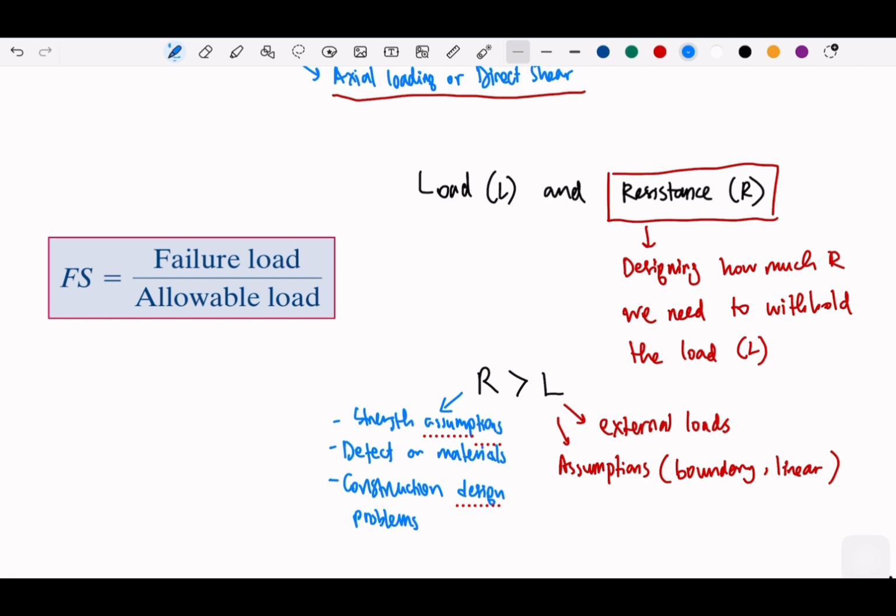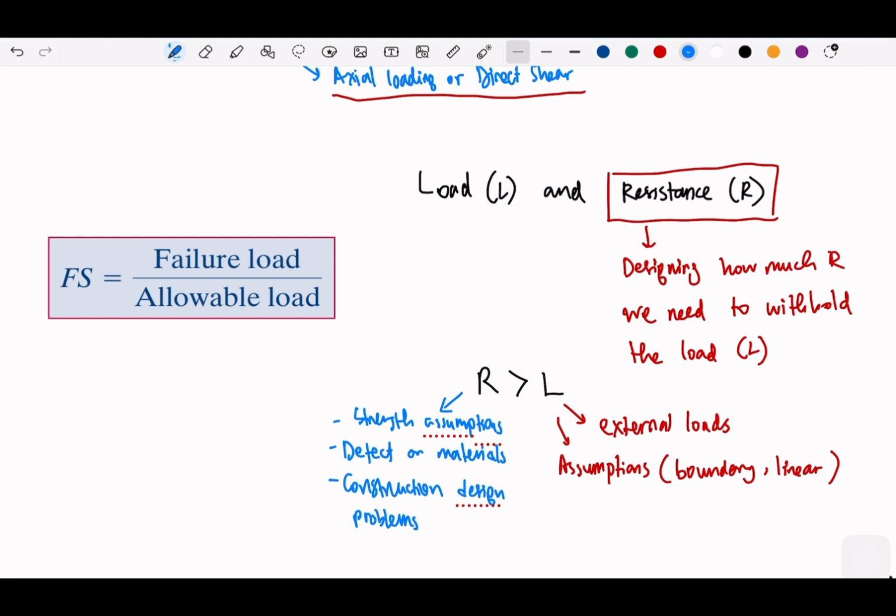So basically, the resistance and load will affect how much safety we are going to set. Because there are some assumptions, some defects, and maybe some external loads that can be uncertain.